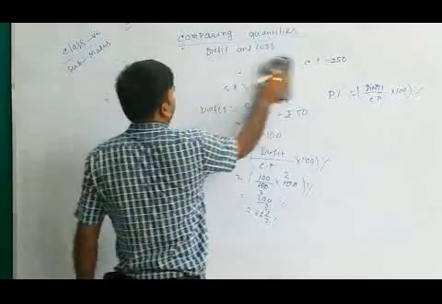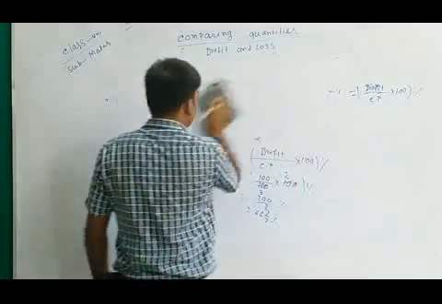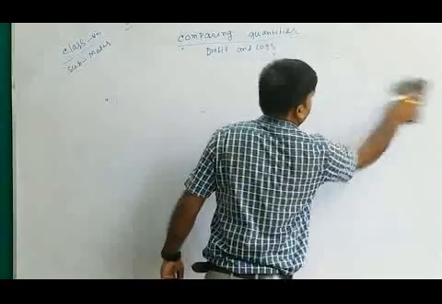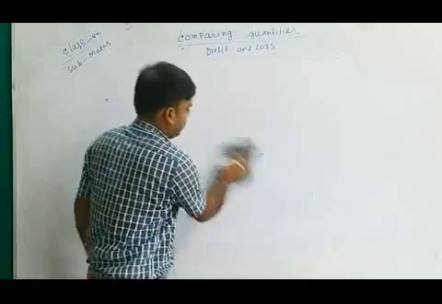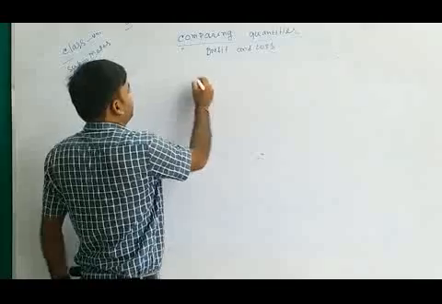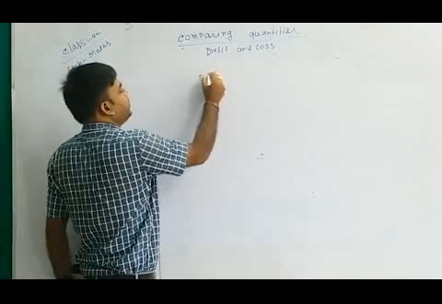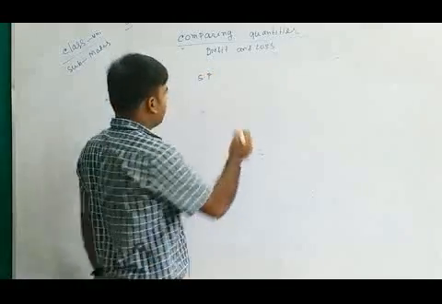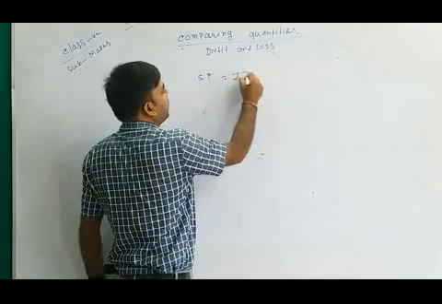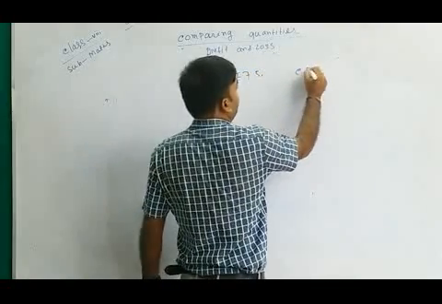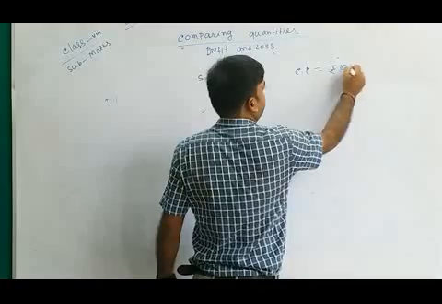Next example, how to calculate loss percentage. Just think that the selling price of a product is rupees 75 and the cost price is rupees 100.